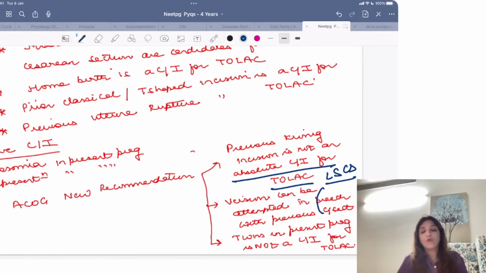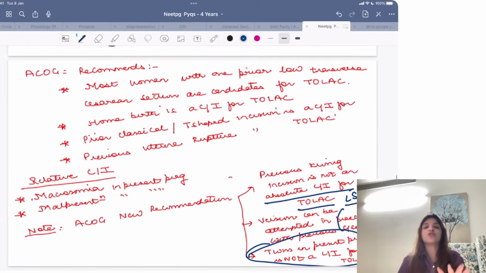Right? Now, suppose your patient has previous cesarean section and this time she has twins. Can you attempt vaginal delivery? Yes. In case of twins with previous history of lower segment cesarean section, you can go for TOLAC, that is trial of labor after cesarean.